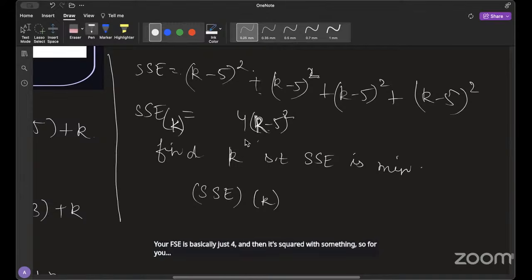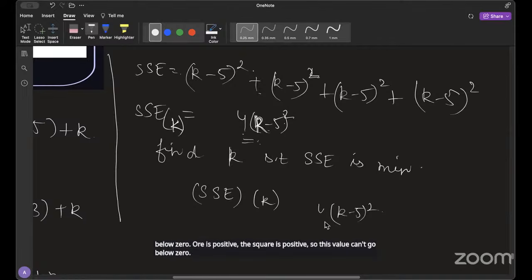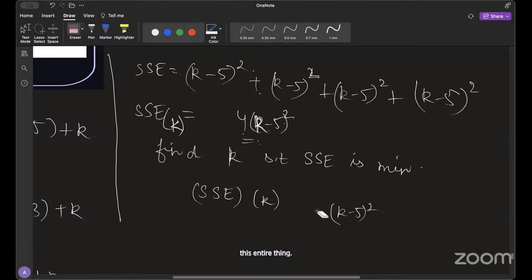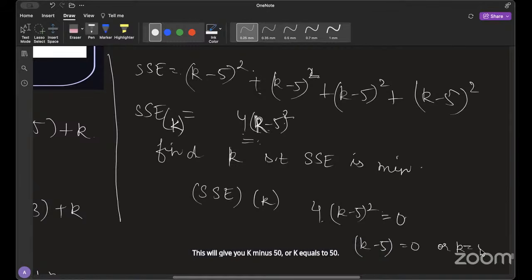So for this function to be minimum, if you think of it logically, you want k minus 5 squared to be 0 because this value cannot go below 0. 4 is positive, the square is positive, so this value can't go below 0. So the least value that 4 times (k minus 5) squared can take is 0. That means you have to find the value of k such that this thing is 0. This will give you k minus 5 equals 0, or k equals 5.